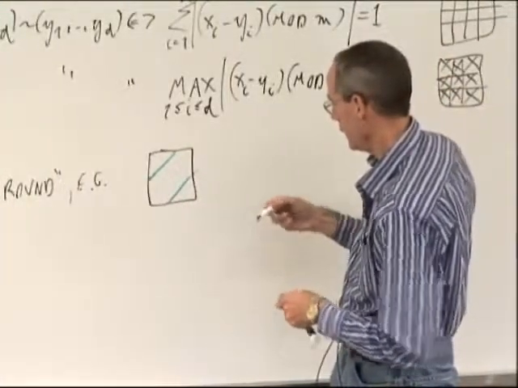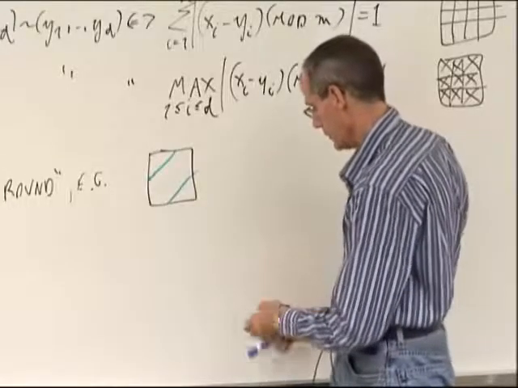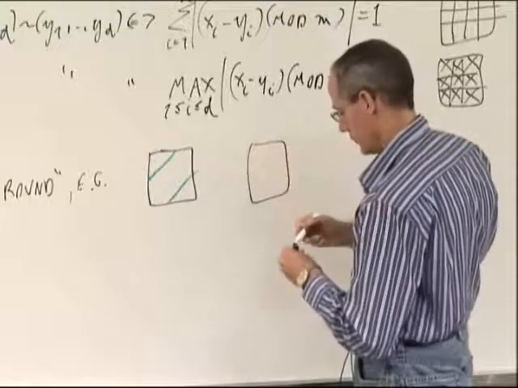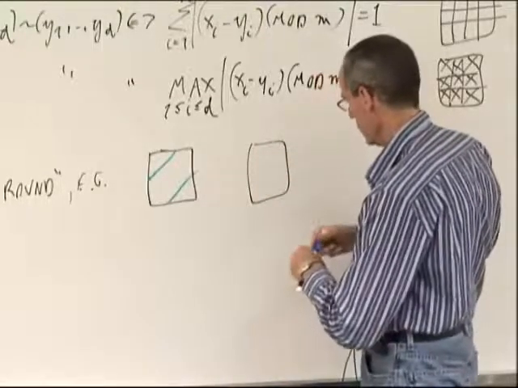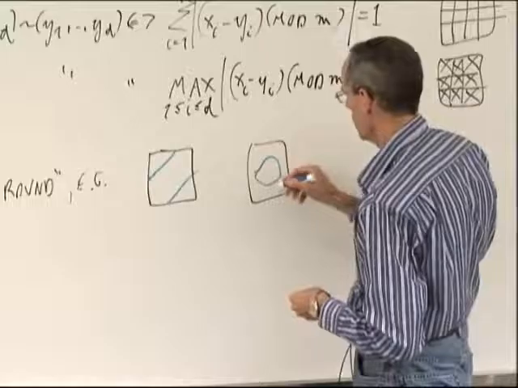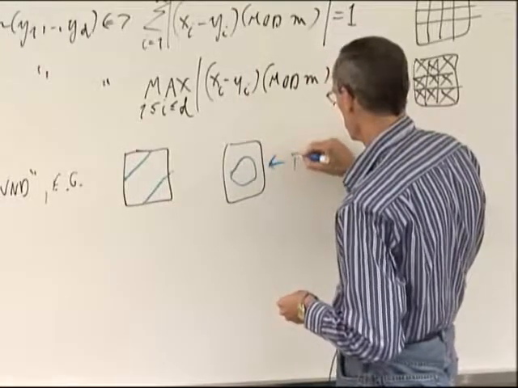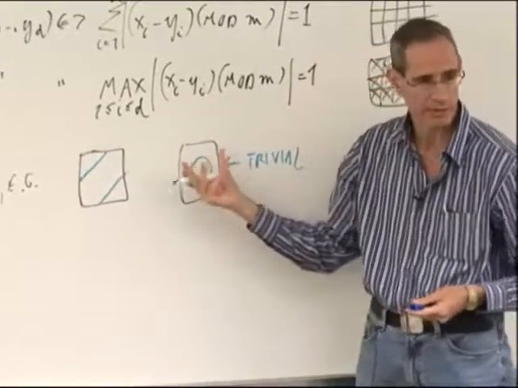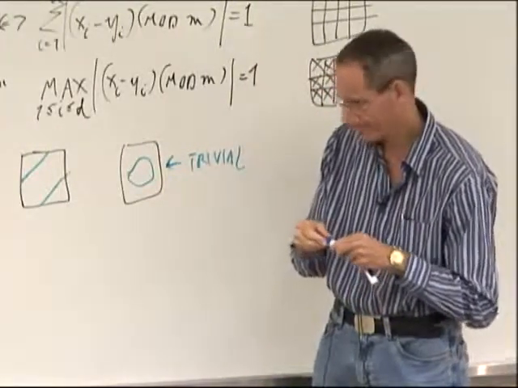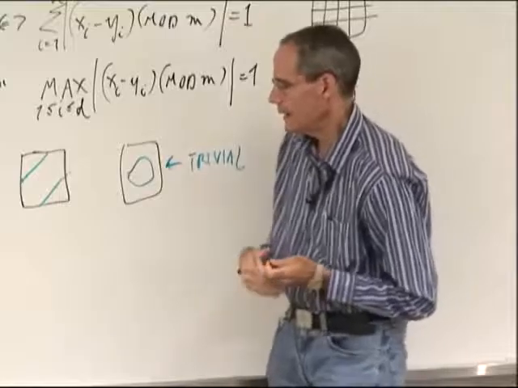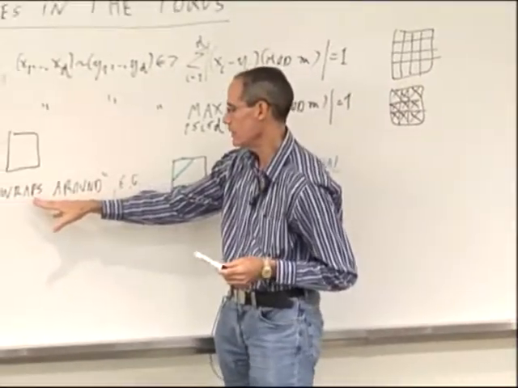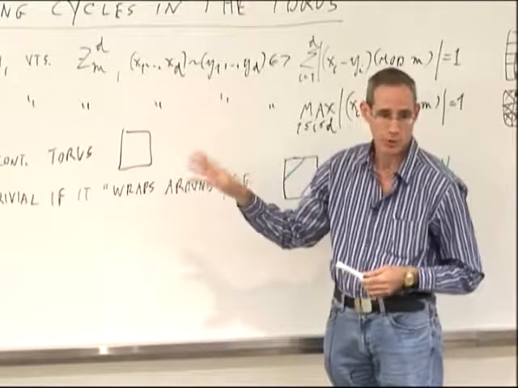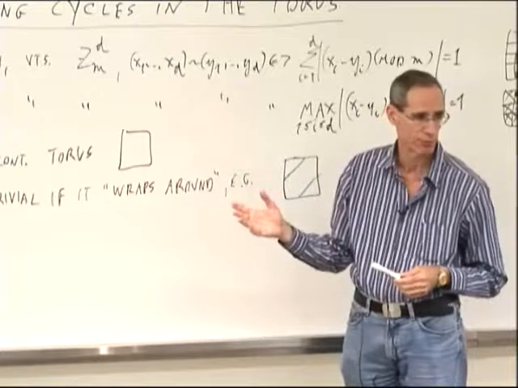And we can look at some other cycle. So this one is trivial. This is not non-trivial because it doesn't wrap around. It's okay. And in fact, the only thing we will want to use about cycles that wrap around is that their projection on at least one coordinate is full.